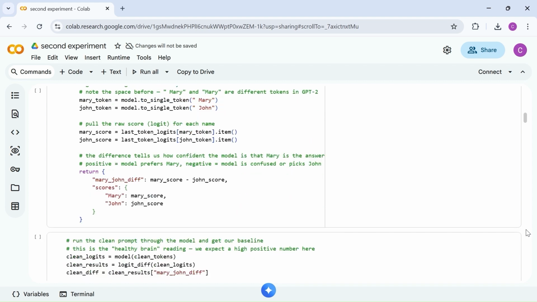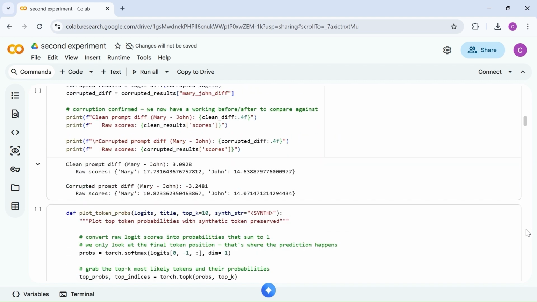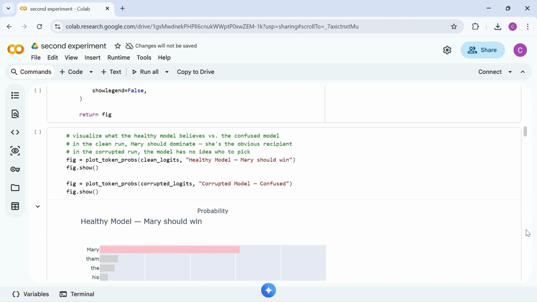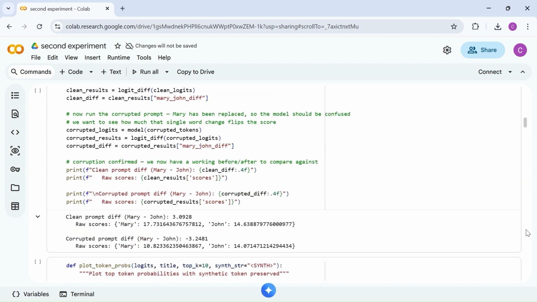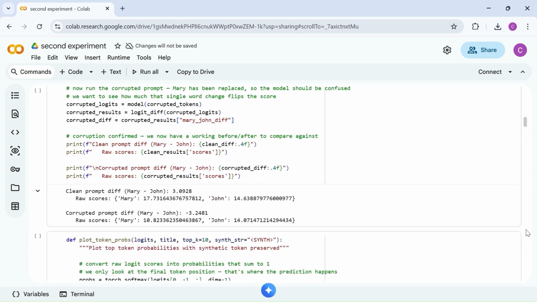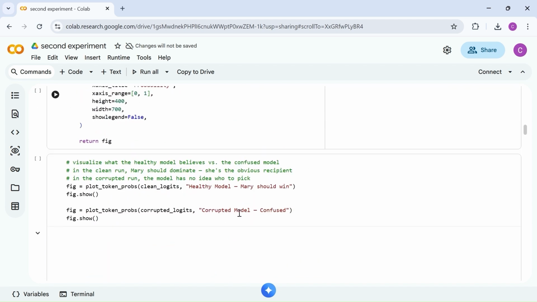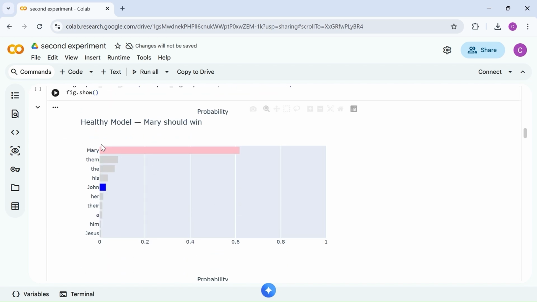Now let's run the model and see what value the model gives us. Here we can see that the value that the first sentence gives us is positive, meaning that the model is going to give you the answer as Mary. You can see the same thing in this chart here. The model is going to give you the answer as Mary.